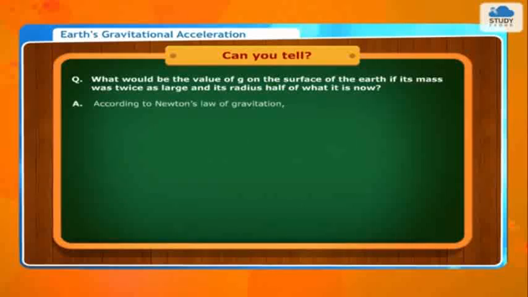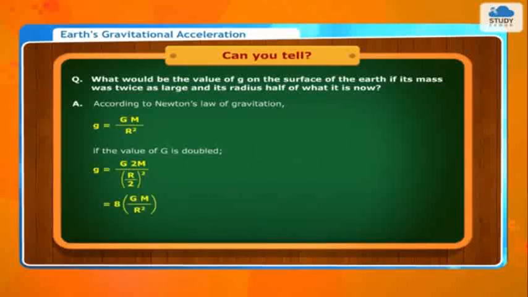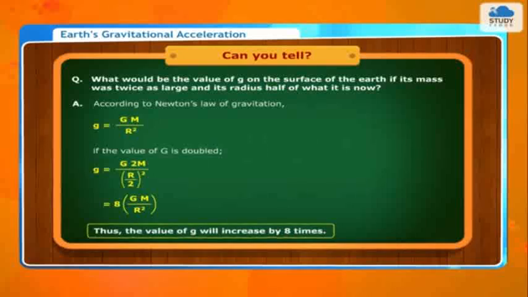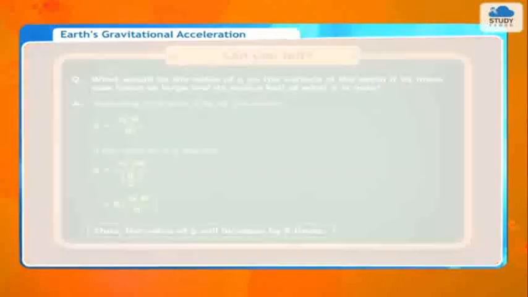Answer. According to Newton's law of gravitation, g = GM/r². If the mass is doubled and the radius halved, g' = G·2M/(r/2)² = 8GM/r². Thus, the value of g will increase by 8 times.